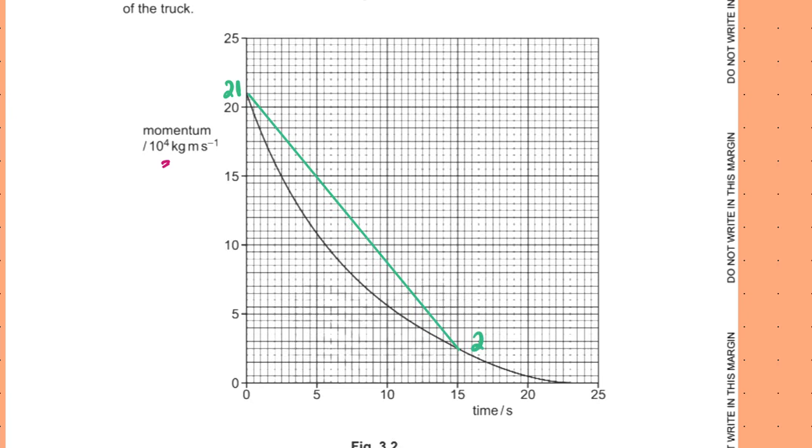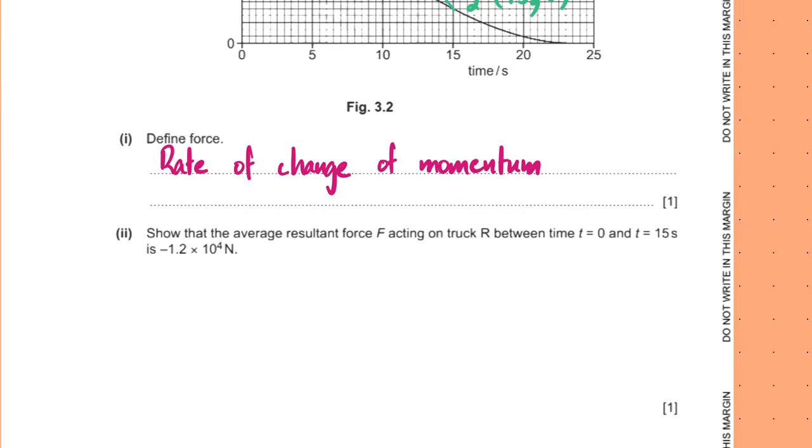Right? So if I find the gradient, rise over run, I can say that this coordinate is basically 0, 21. This coordinate is 15, 2. So you do change in y over change in x. So 21 minus 2 over 0 minus 15.